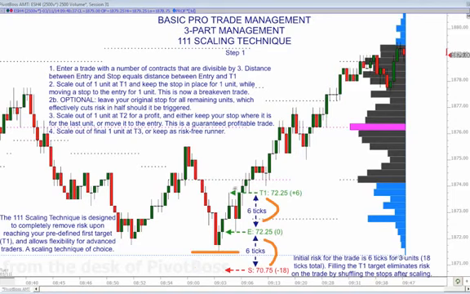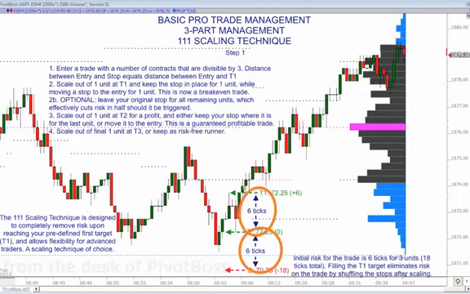But when the market's hot and heavy, if price pushes way up very quickly, I might raise T1 and actually grab a couple extra ticks or a couple extra points. So I may get a +3 on the first one, and now I'm really in the money. So it really provides flexibility. And again, we'll talk about that flexibility in the advanced portion of the trade management. First, you don't need any flexibility at all to begin reaping the benefits of these scaling techniques.